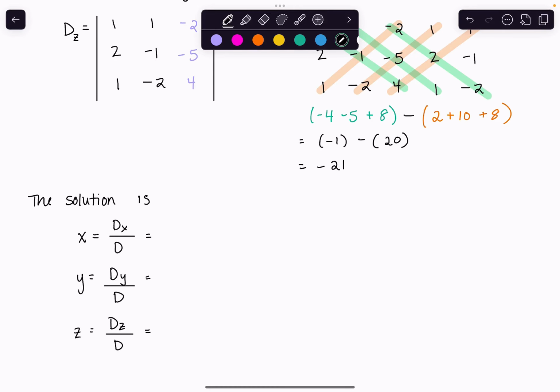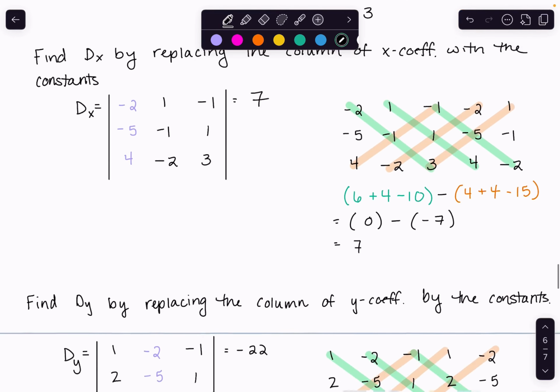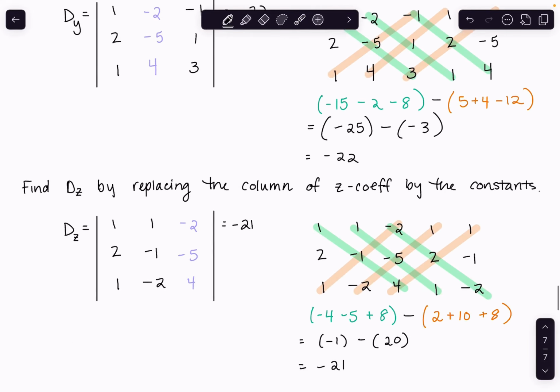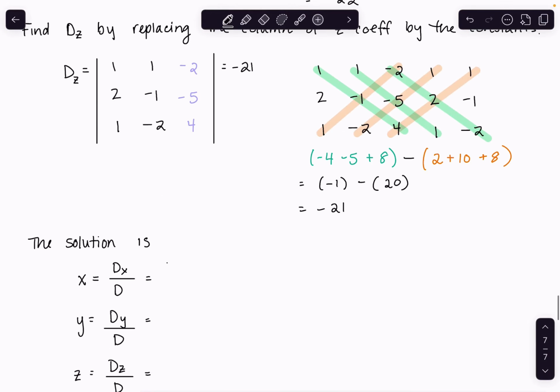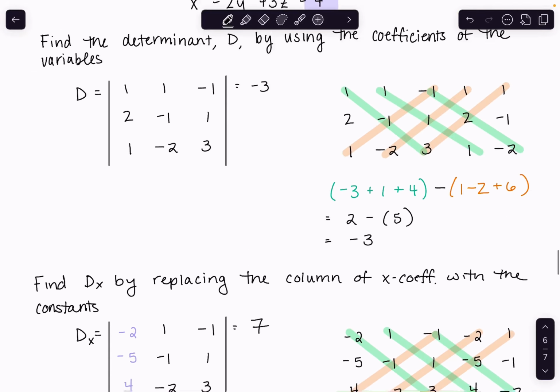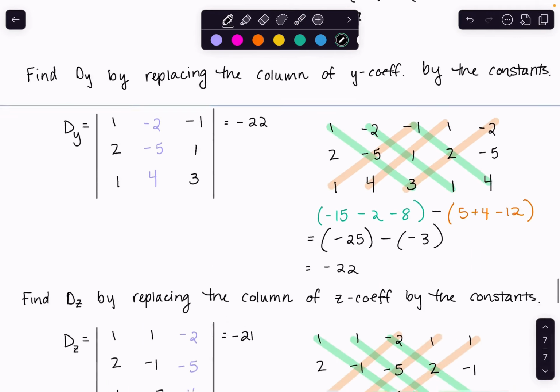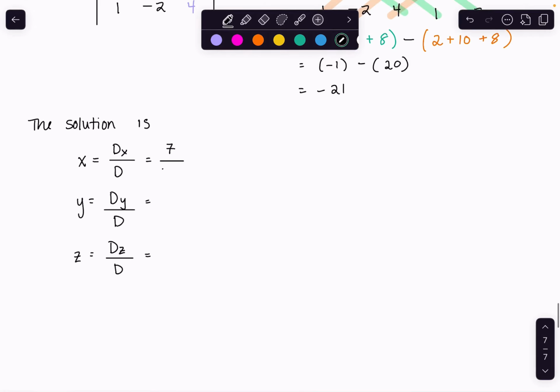So going back through these, our d sub x is +7. And then the actual determinant was the very first thing we did. That one is -3. And then that, unfortunately, I can't simplify. It's just negative overall.